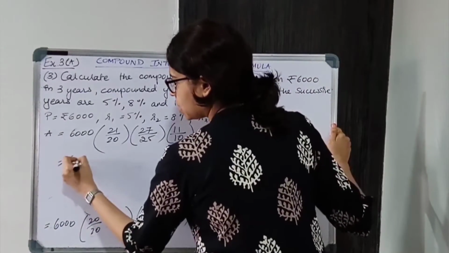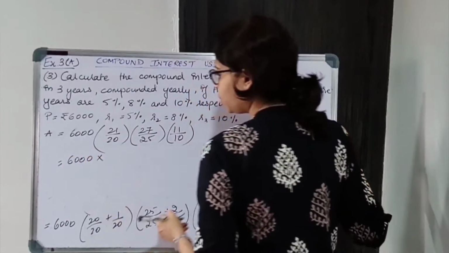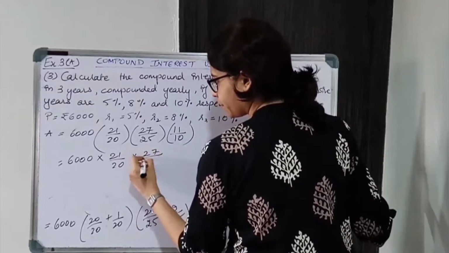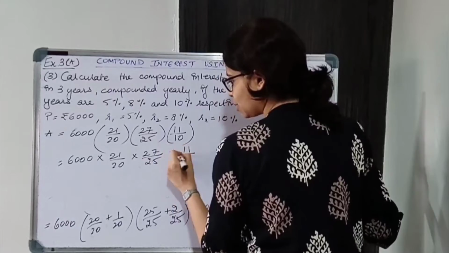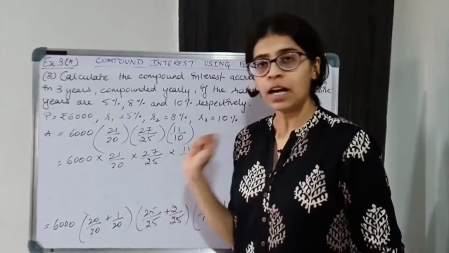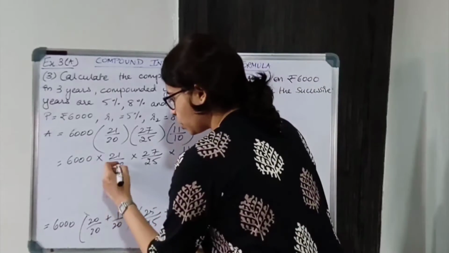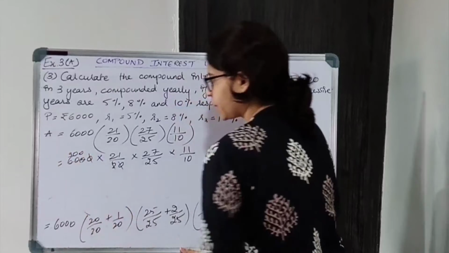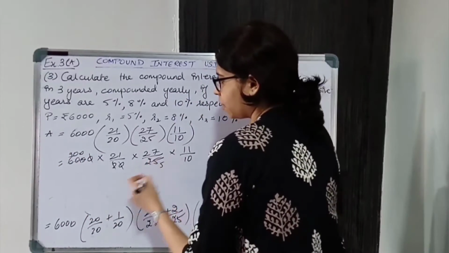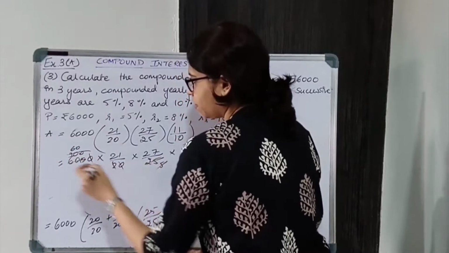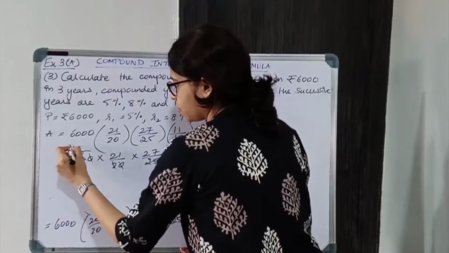Now 6,000 into, I can just remove the brackets, okay, because the brackets are solved now, there is no plus or minus sign in the bracket now. Now we can cancel out any cancellations happening. 0 0 gets cancelled, 2 3s are, okay, 5 5s are, 5 60s are, and 5 12s are.